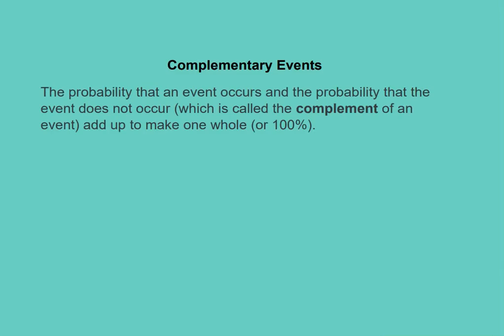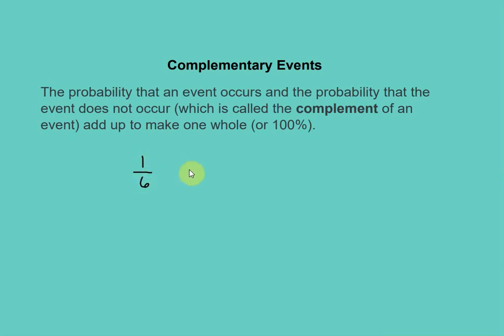The probability that an event occurs and the probability that the event does not occur, which is called the complement of the event, add up to make one whole, or 100%. Based on our previous example of rolling a 3 on a 6-sided die, we said that the probability is 1 out of 6.